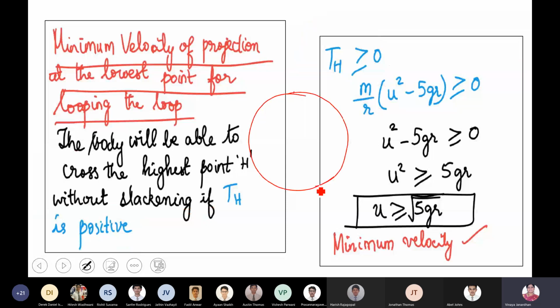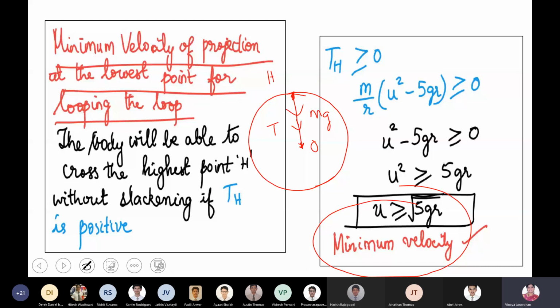Suppose I take the highest point h, and the object reaches over here, its weight will also act in the same direction at the center. Tension will also. Now, suppose you take a bucket full of water and whirl it in a vertical circle.